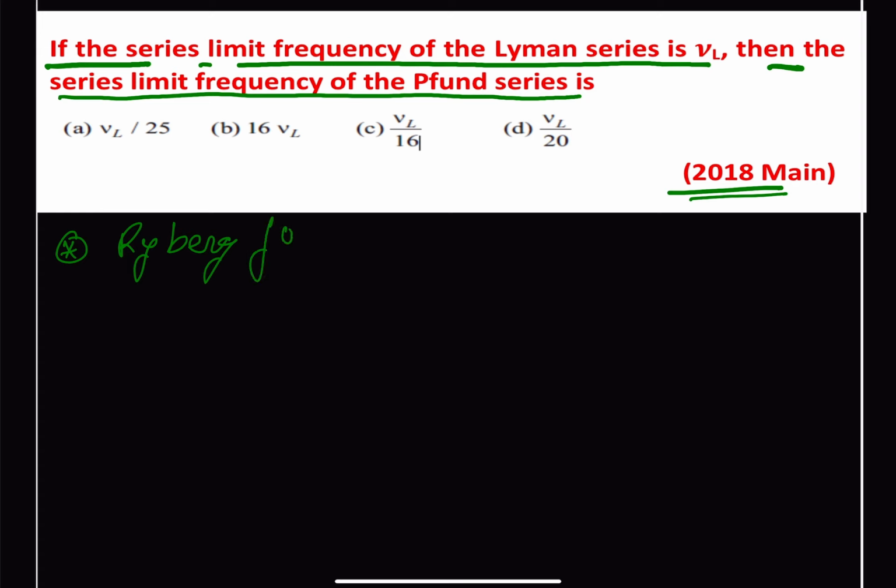The standard one is given in terms of wavelength lambda, but we can write it in terms of frequency. So the Rydberg formula in terms of frequency is nu equal to R multiplied by C, where C is the speed of light, and the rest of the things will be the same.